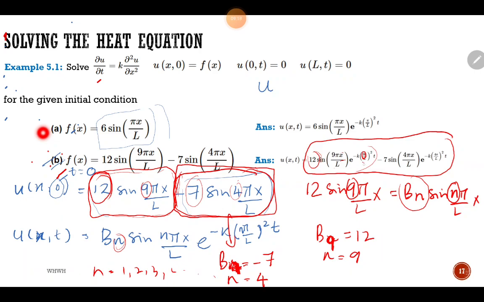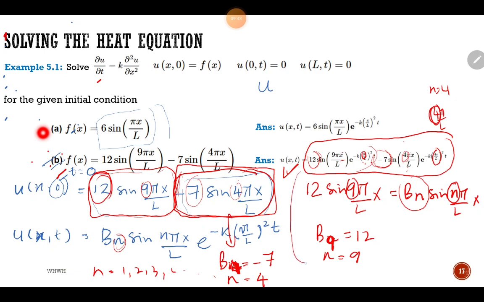So 9 pi over L squared t. Minus 7, this is minus 7, our second bn, sin 4 pi x over L. So our n here is equal to 4. So that's why inside here we have 4 pi over L, because this n is equal to 4. So that's why the solution for B is equal to this one.